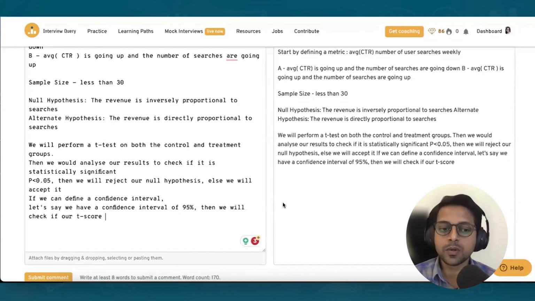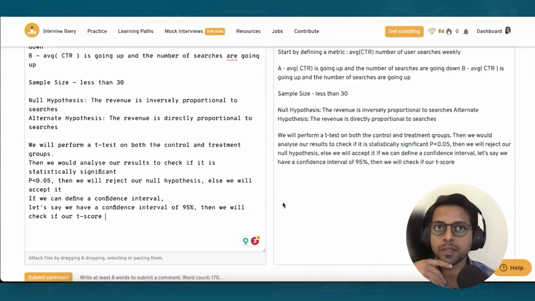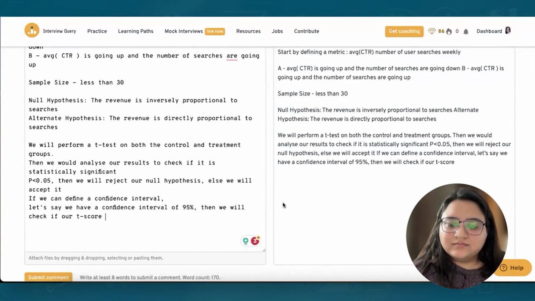Right? So that's good. Now coming back to you, Shruti, what do you think you've learned from this mock question, and what would you do differently, let's say in your upcoming interviews, for a similar product case study question.